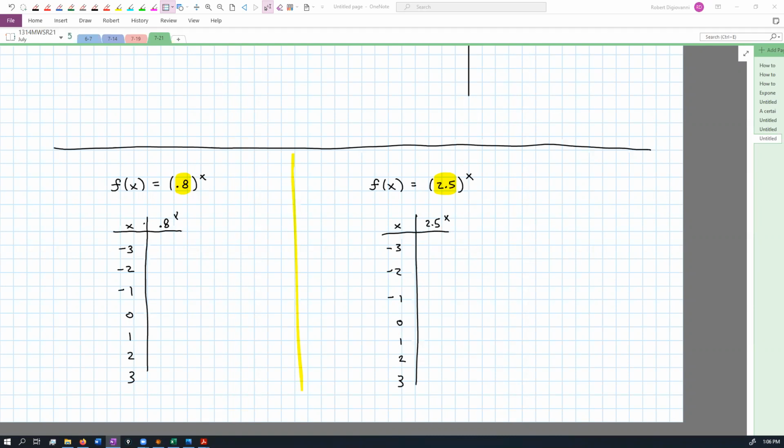Okay, I'm going to start filling in these values and then you check to see if you got them.